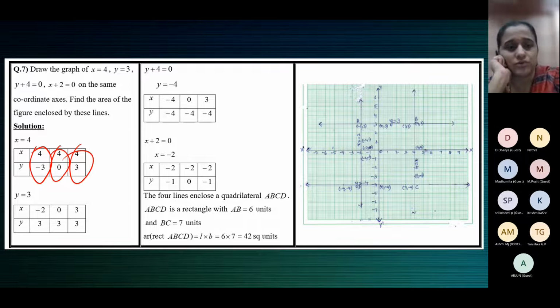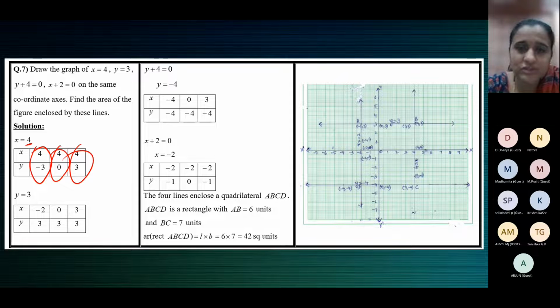X is equal to 4 is a line parallel to the y-axis. Now, when it's parallel to the y-axis, it can be either to the left or the right of the y-axis. It's a positive 4. So the line x is equal to 4 will be parallel to the y-axis at a distance of 4 units to the right of the y-axis.